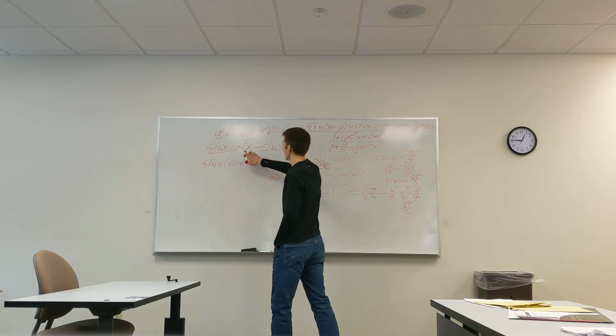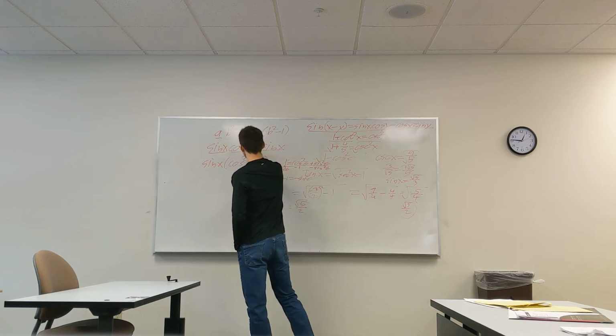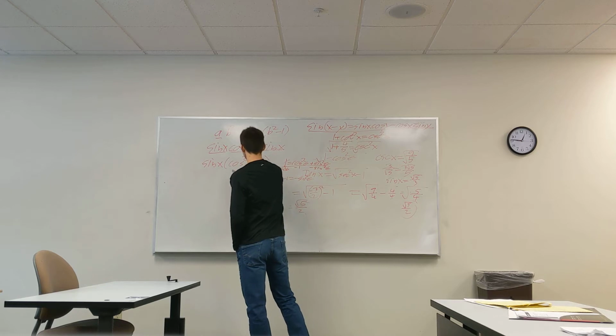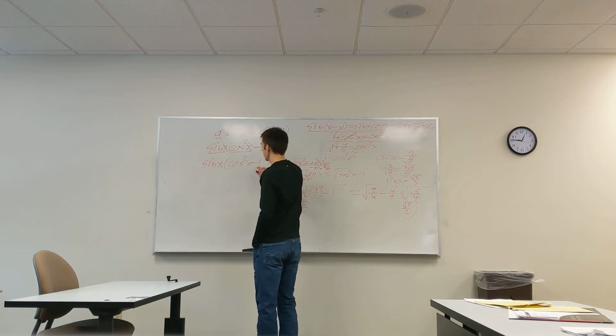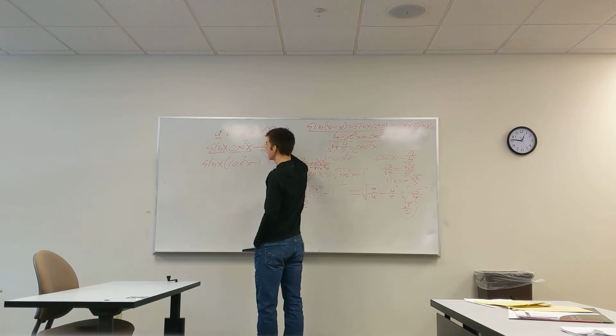And here I have a cosine squared theta. Oh, so you just filled it in for the 1 there? Yeah, so I took this cosine squared x, and I factored this out, and I got cosine squared minus the 1 that I'm left over with, right?